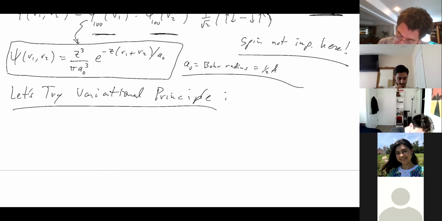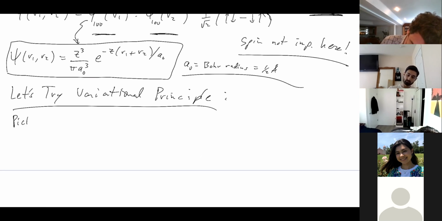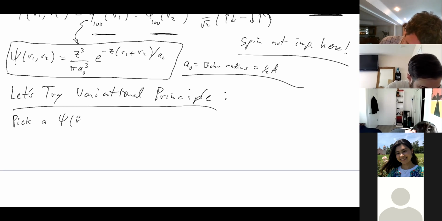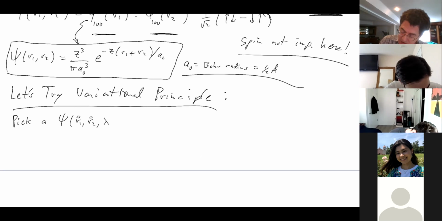And to do the variational principle, we're going to have to pick a psi, which is a function of particle number 1, particle number 2, but there's also got to be some parameter that we vary.